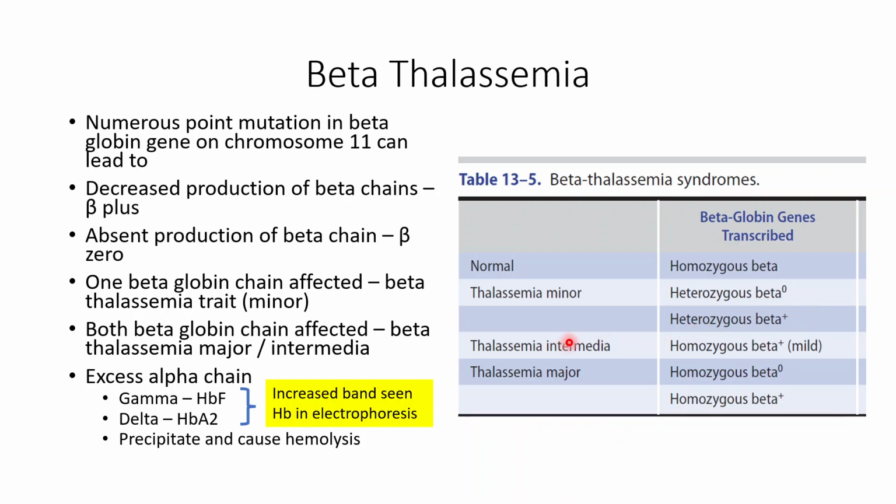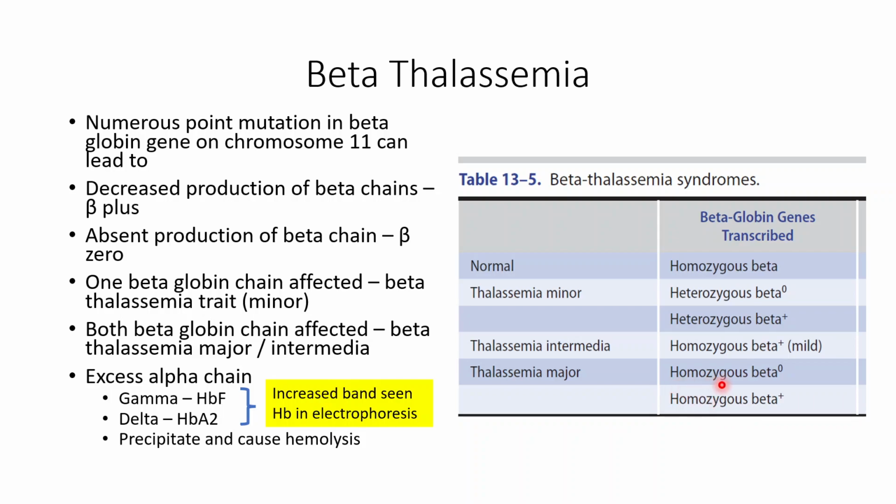Now in intermedia, both genes are affected; however, both genes will mildly produce beta chains. The last and most problematic one is thalassemia major. This also is a homozygous condition, which means both genes are affected.